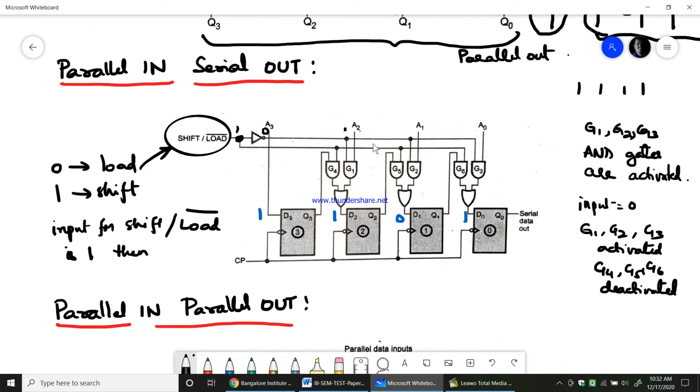I've already loaded the input. Therefore G1, G2, G3 are now deactivated, whereas G4, G5, G6 are activated.